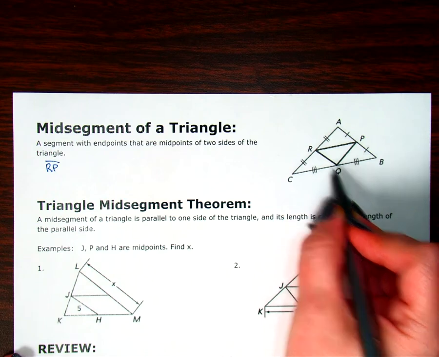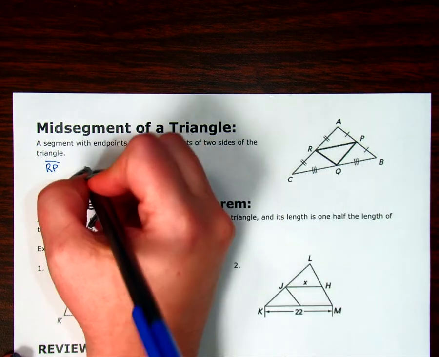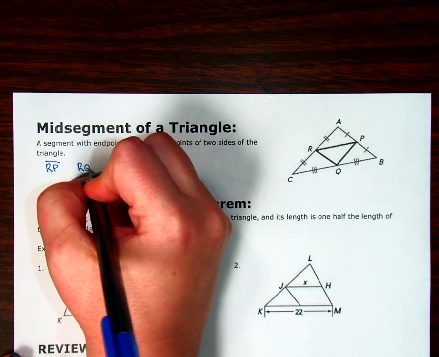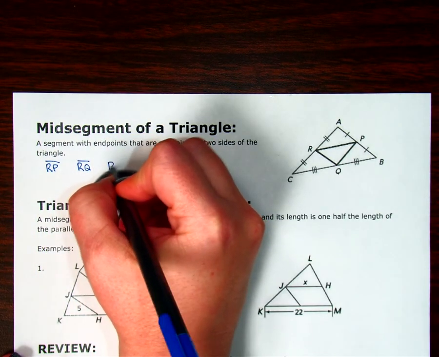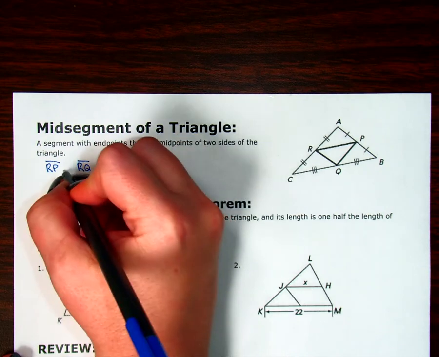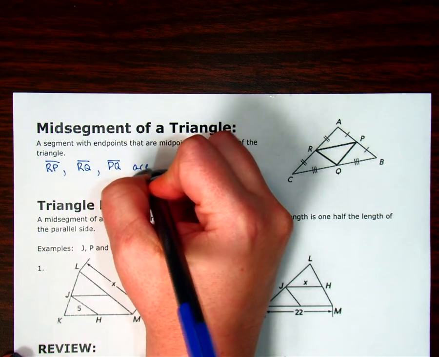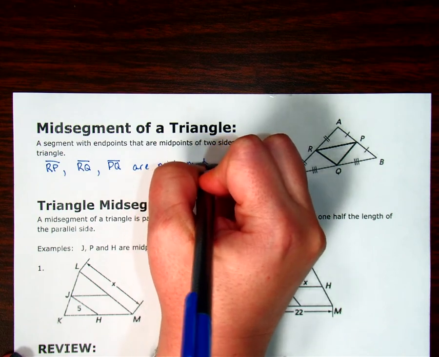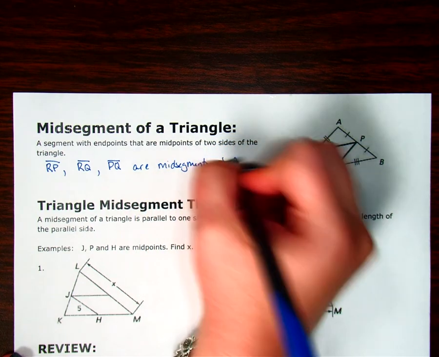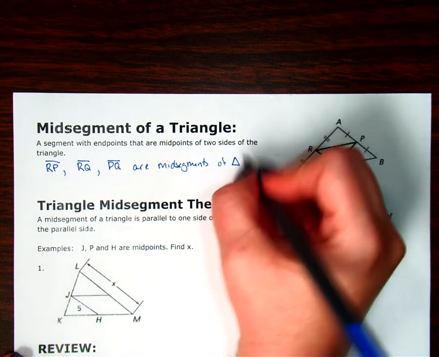So Q is a midpoint, which means RQ is also a mid-segment. And PQ is also a mid-segment. So these are mid-segments of triangle ABC.